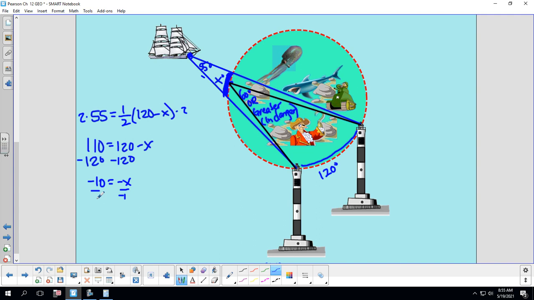Negative 10 equals negative x. X is equal to 10 degrees. Yay! Because this isn't 0 or negative, we are outside the circle, so we are safe. Yes! We are safe. Yay!